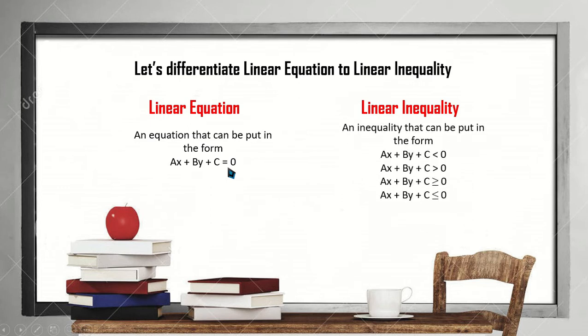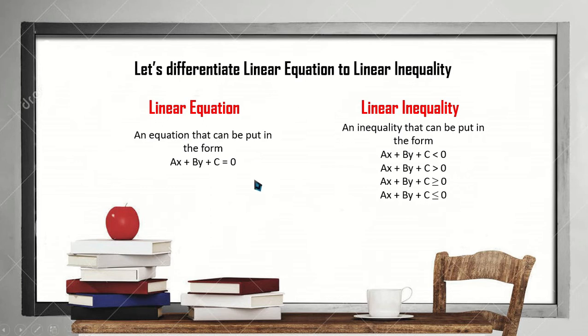So kapag linear inequality naman, an inequality that can be put in the form ax plus by plus c is less than 0, ax plus by plus c is greater than 0, ax plus by plus c is greater than or equal to 0, ax plus by plus c is less than or equal to 0.